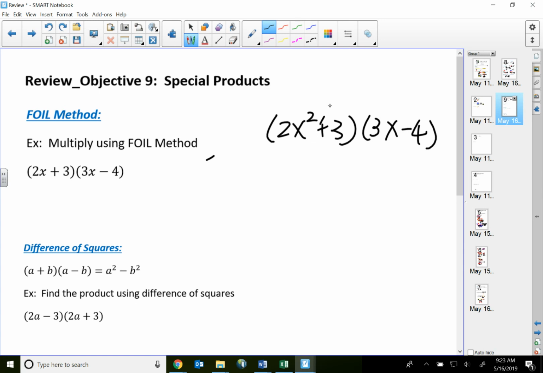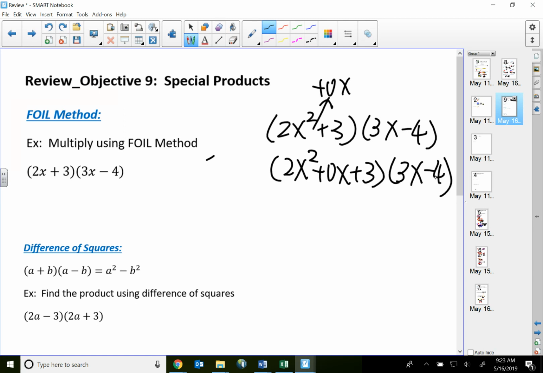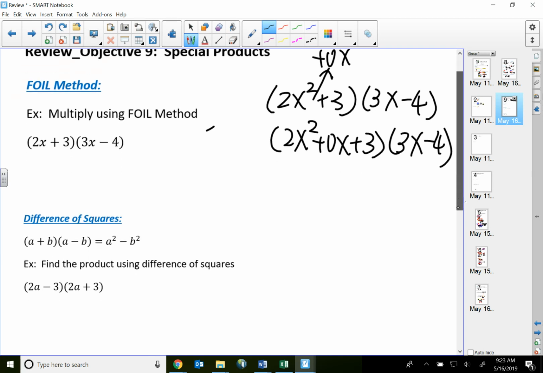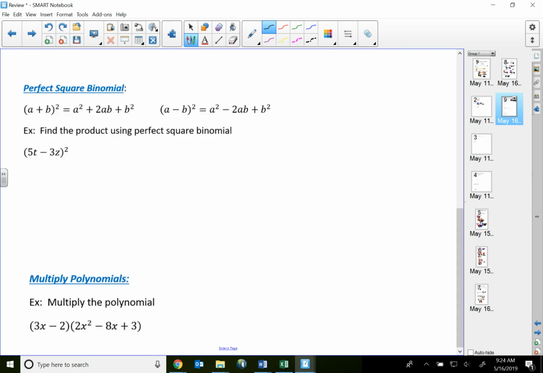So what I'm having here is called a missing term. I'm missing a positive 0x. So this problem can actually be rewritten as 2x squared plus 0x plus 3 times 3x minus 4. So now the problem actually becomes multiplying of polynomials.